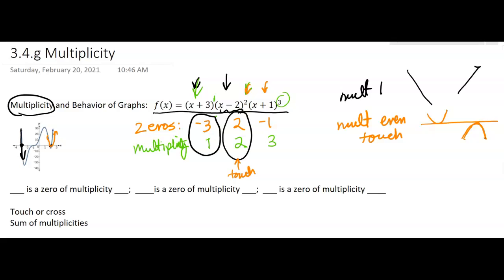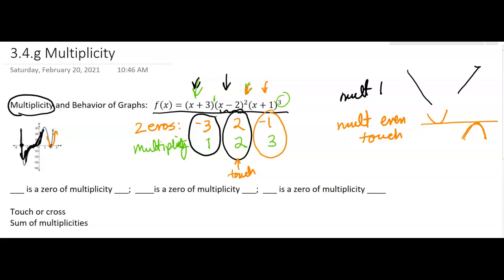Okay, then we have one more. We have the multiplicity being 3 at negative 1. Okay, so where's the negative 1? Right here. Notice that the graph is not quite like it was at a multiplicity of 1, and it's not bouncing or touching. It's coming up, and then it's kind of curving. It's like that snake portion in a cubic function.